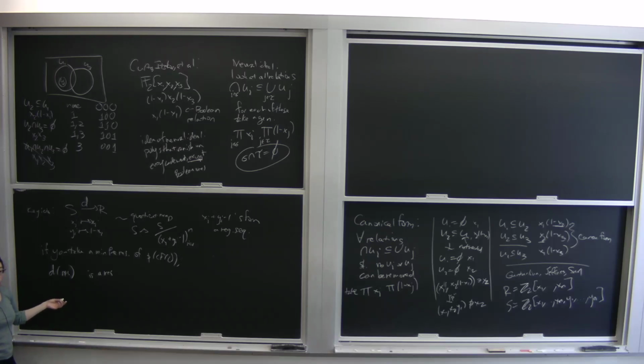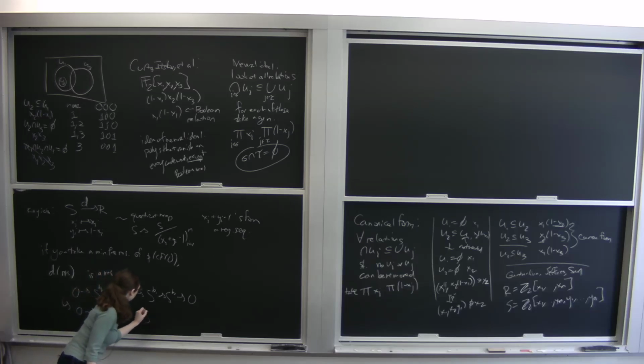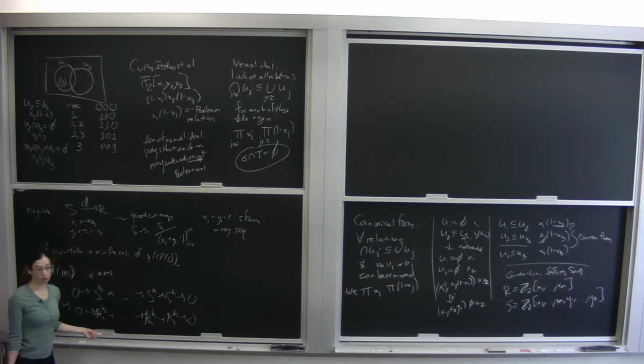And essentially what we do when we depolarize is, if we had before 0 to S to the BT to S to the B1 to S to the B0, if that was our resolution, and we have some maps here, essentially all we're doing is now copies of R, the same number of copies of R. And in every single map, the matrix of the map, we're just replacing the yi's with 1 minus xi's.